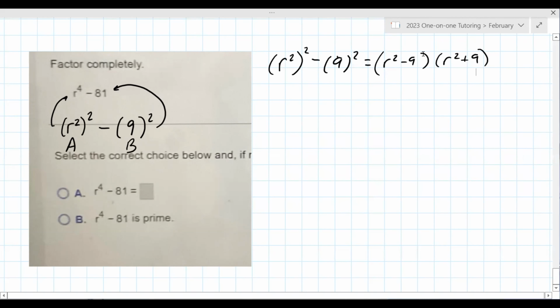Okay, so now on the left, this one is difference of squares. Can you try using difference of squares for this one and tell me what you come up with, please? Sure.